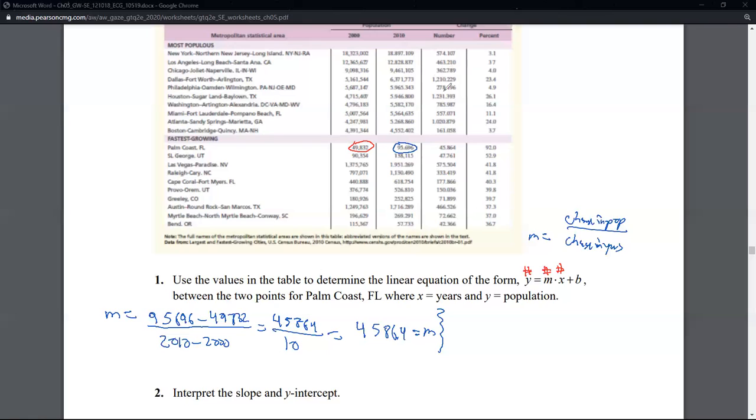Let's go back to red. Okay, so I'm going to plug in the 2010 numbers. I know this is in red, so just please ignore that. I'm using these numbers. So that's the y value: 95,696 equals the m, which we just found to be 4586.4, times the x value, which is the 2010. What am I doing? I said I was going to use 2000, but I circled 2010. Let's just go with it. I already said it doesn't matter. I made myself a liar.